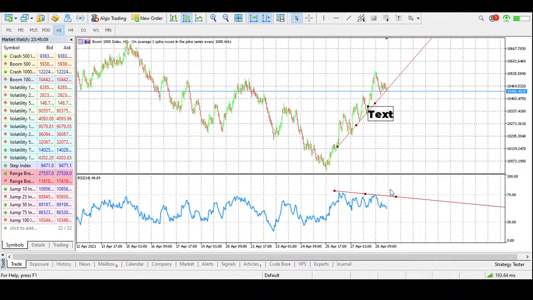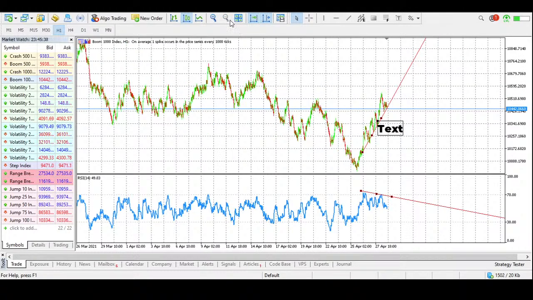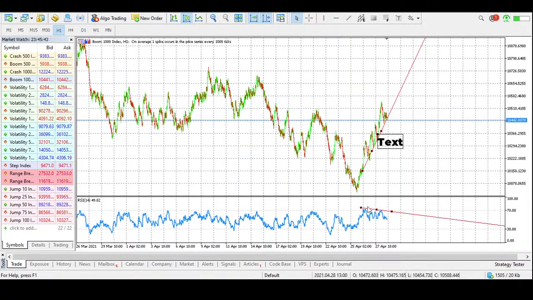So you are seeing a downward trend. Nasib, am I right? Yes. Okay. All right. So I'll zoom out. All right, so this is a divergence.